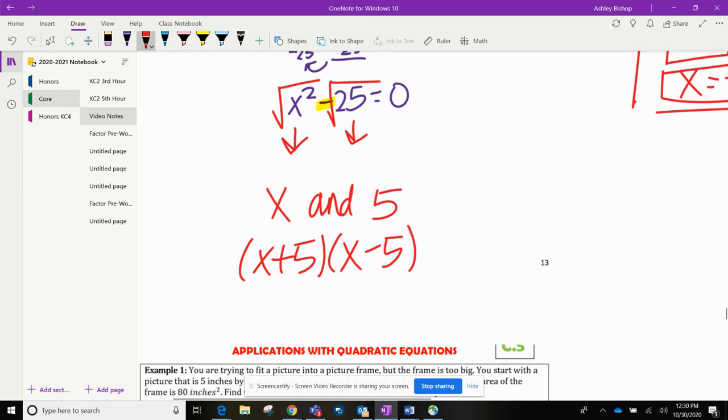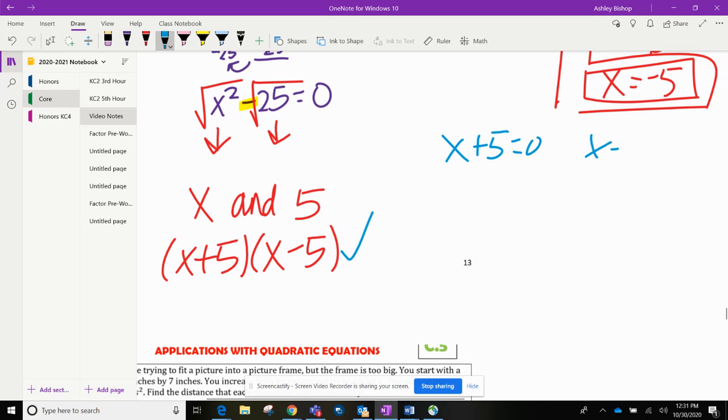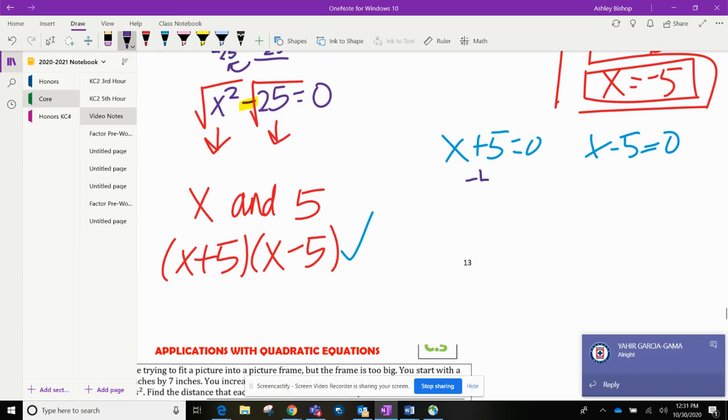This isn't the new part, but now that it is factored, I'm going to set each one of my factors equal to 0. So x plus 5 equals 0 and x minus 5 is equal to 0. Alrighty, and so I need to get x by itself. I'm going to do the opposite of addition here, which is subtraction.